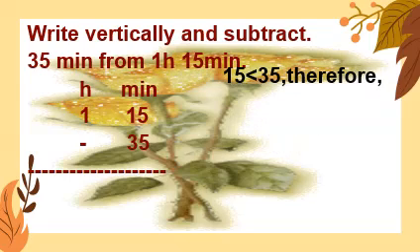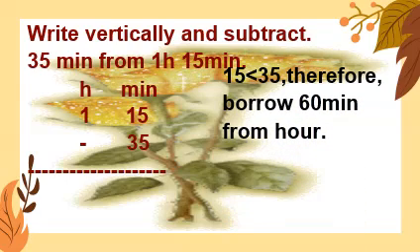Now let's see, 15 is less than 35. If we have to subtract bigger minutes from smaller minutes, we will borrow 60 minutes from the hour, because 1 hour is equal to 60 minutes.